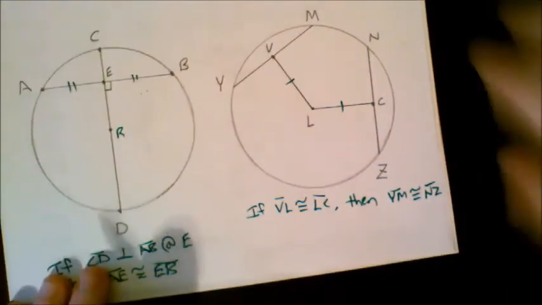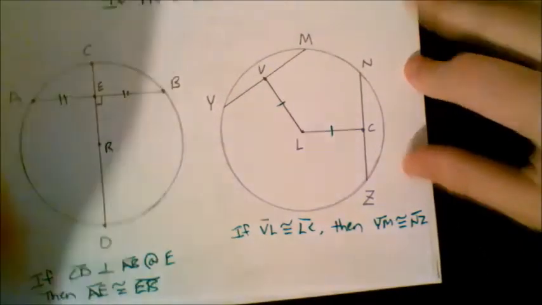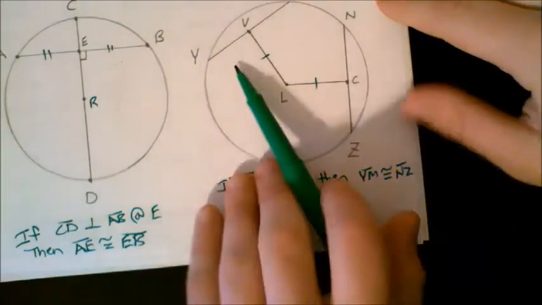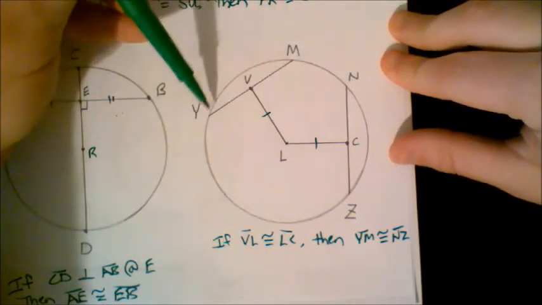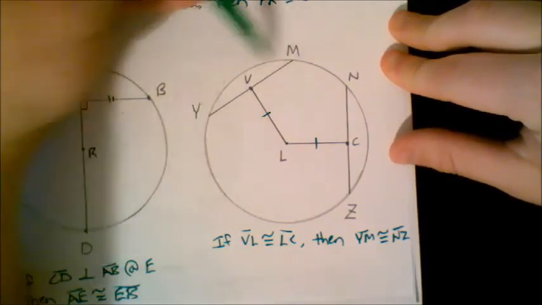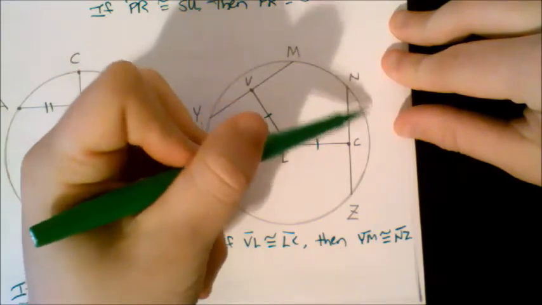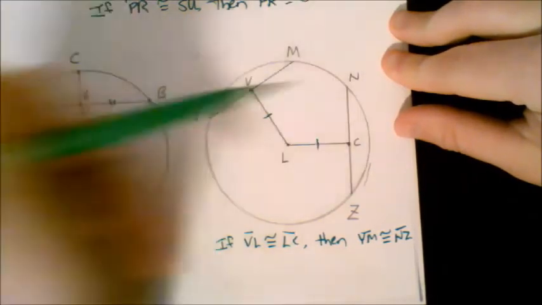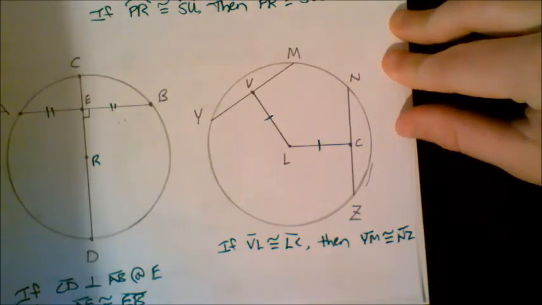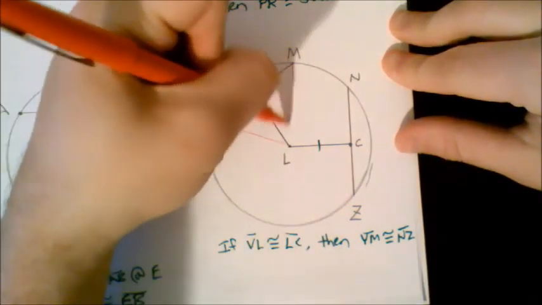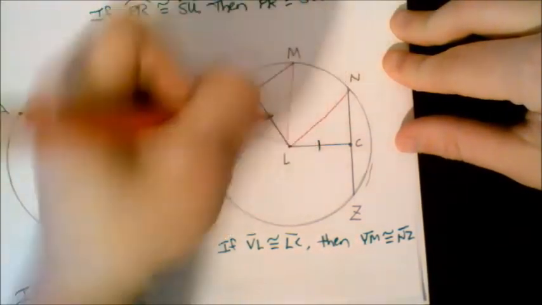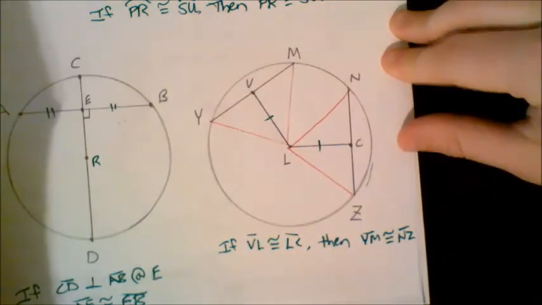All right, and we can go off of that because, if you look at the first theorem, since we have congruent chords, then we also get for free that arc YM is congruent to arc NZ. And then even if we wanted to, we could say that these central angles are also congruent.